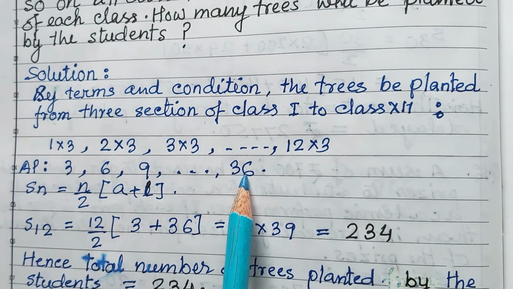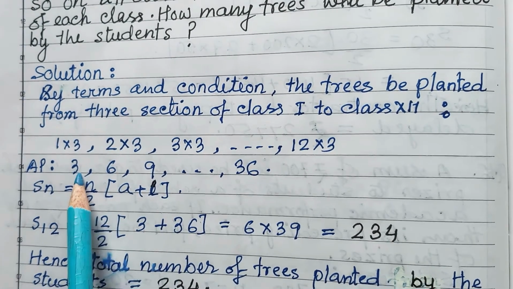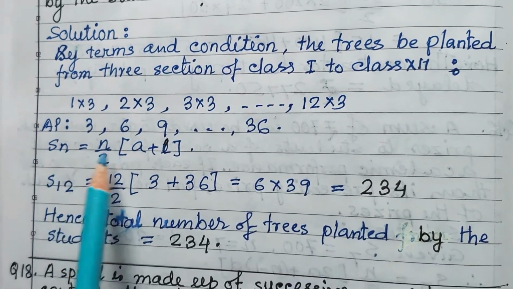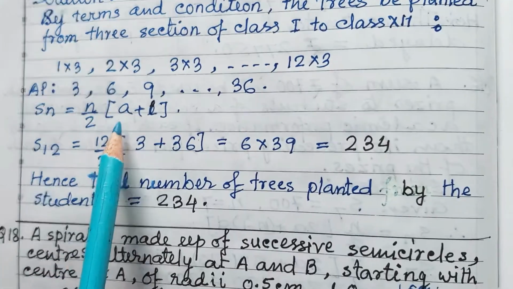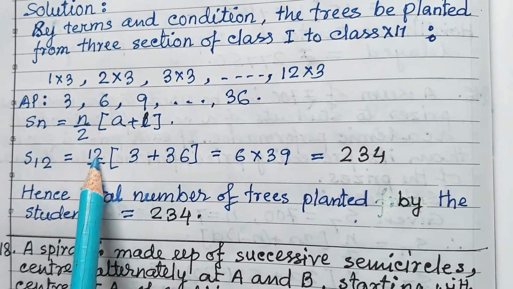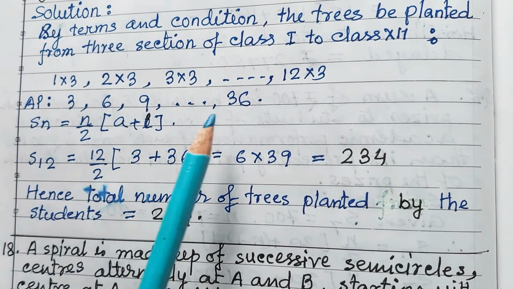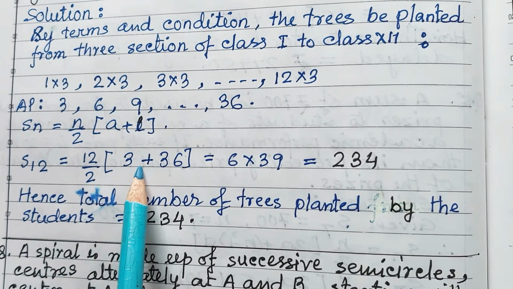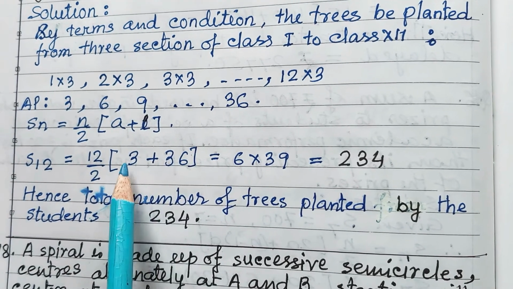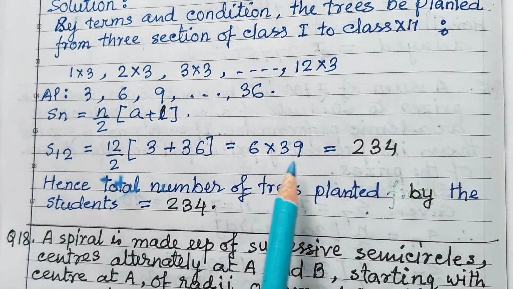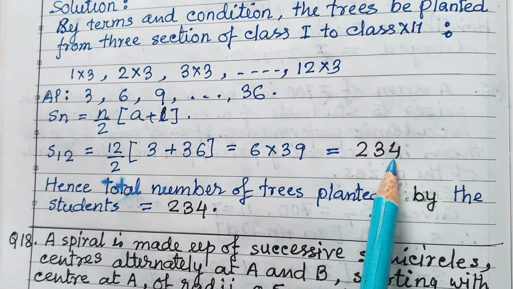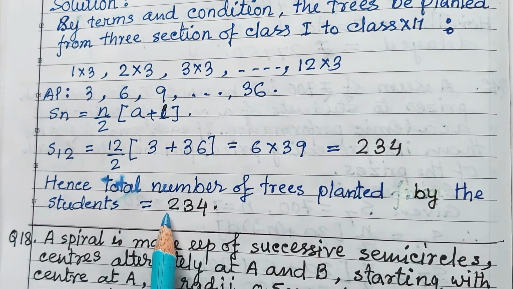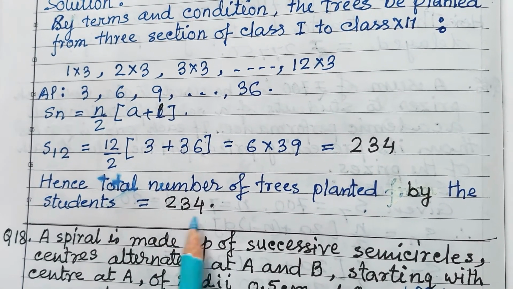Class 12 will plant 36 plants. Now this is the AP. The sum of the total plants is n upon 2 into a plus l. 12 classes means 12 upon 2, and the AP's first and last numbers are 3 plus 36, and it is 234. So the school will plant 234 plants.